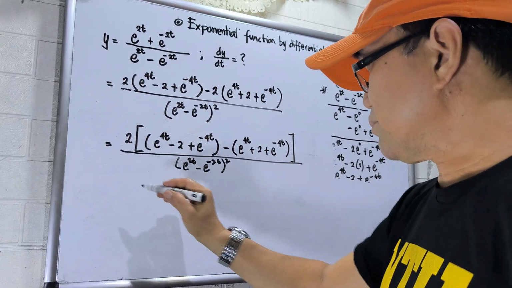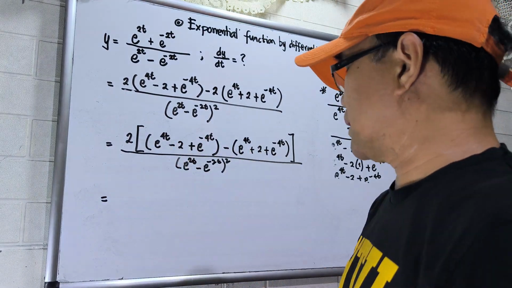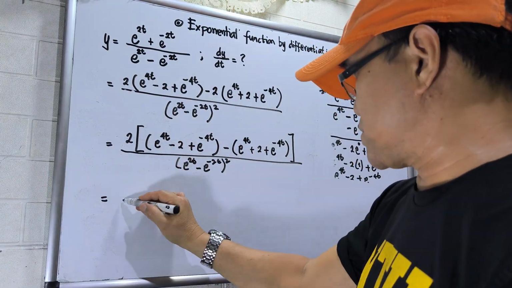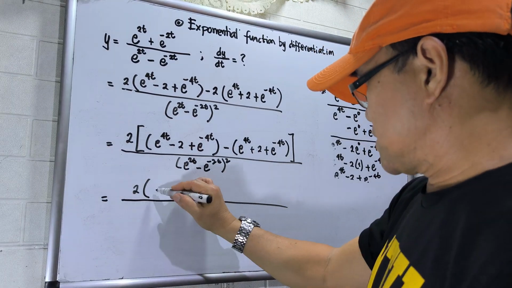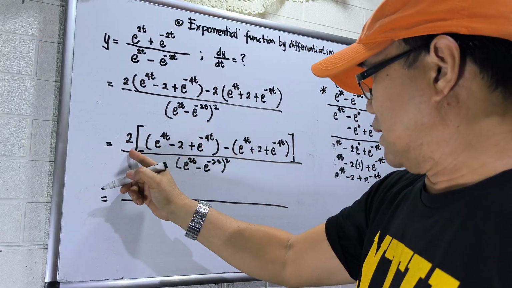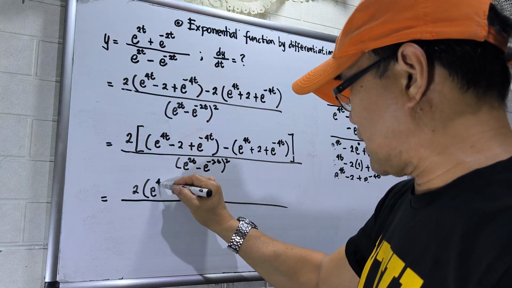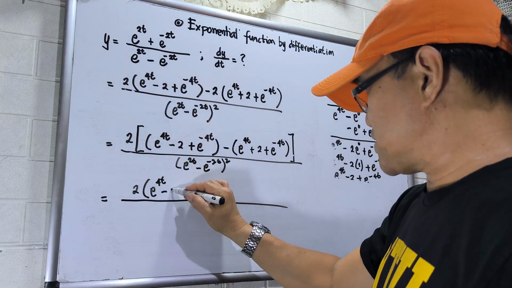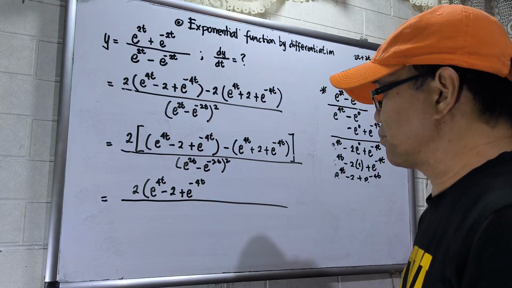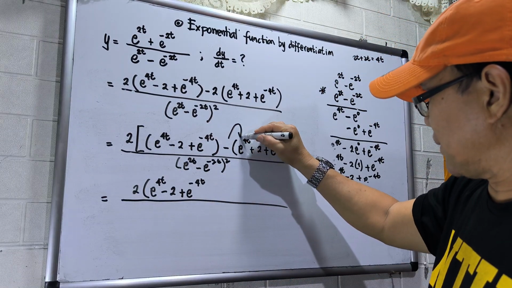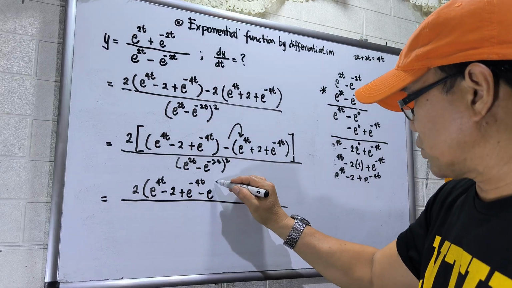Okay? So, combine this one, the 2 circle brackets. So, this will be 2 circle brackets. So, remove this one, square bracket. So, this will be e raised to the 4t minus 2 plus e raised to the negative 4t. Then, minus e to the 4t.